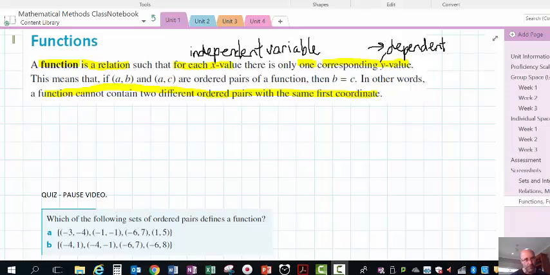Let's write down some examples. So if we've got a function which produces these ordered pairs, (2, 3), we'd call that one x and that one y. Because it's the first point, it's x1, y1.